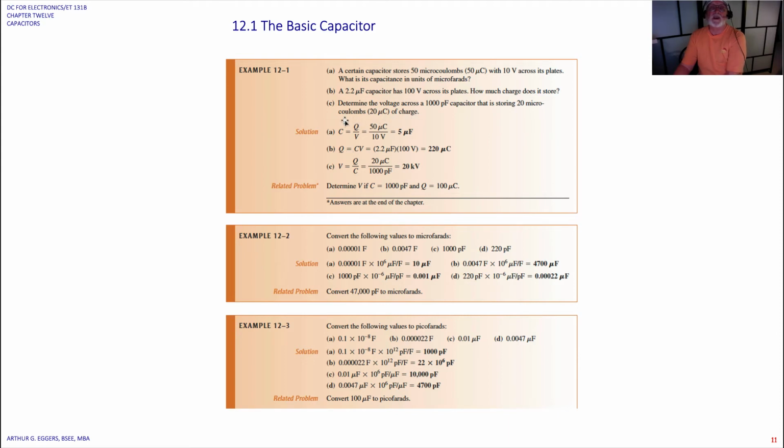So by using the same expression, move the terms around for charge, coulombs, and voltage, we can see that the capacitance then is equal to the charge divided by the voltage. 50 microcoulombs divided by 10 volts gives us 5 microfarads.